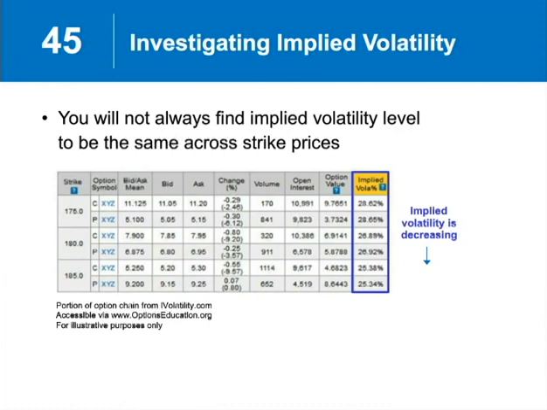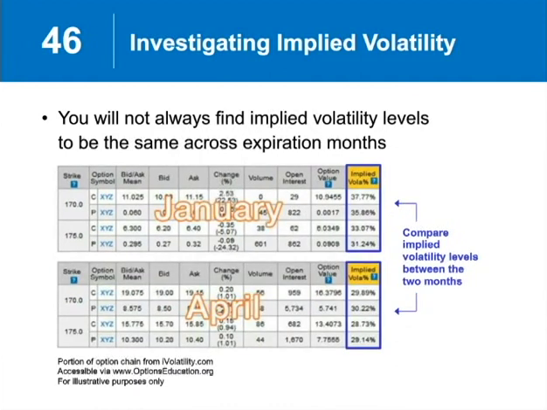Investing in implieds, as I mentioned earlier, we've got three different strikes here, and as you move from either in or at the money to out of the money, implied volatilities do go down. That's because of the natural market skew in the option space.